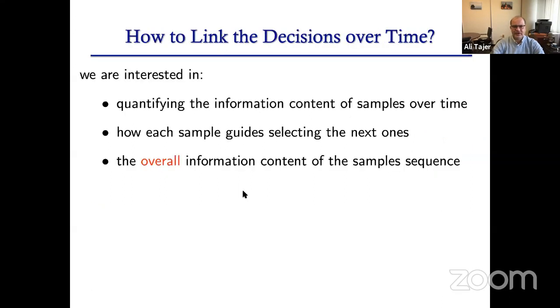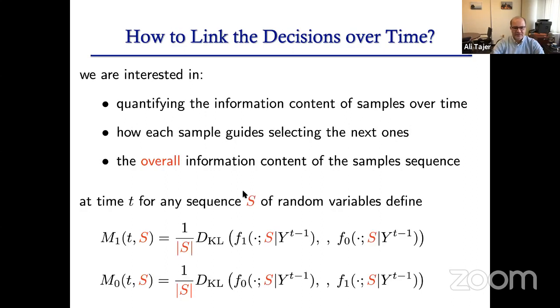So essentially we want to quantify the information content of the samples over time. Furthermore, we want to see how each sample that we take at time t guides us in selecting the future samples, and ultimately what the overall information content is for a sequence of samples that we select. To address that, we look at these two information measures.